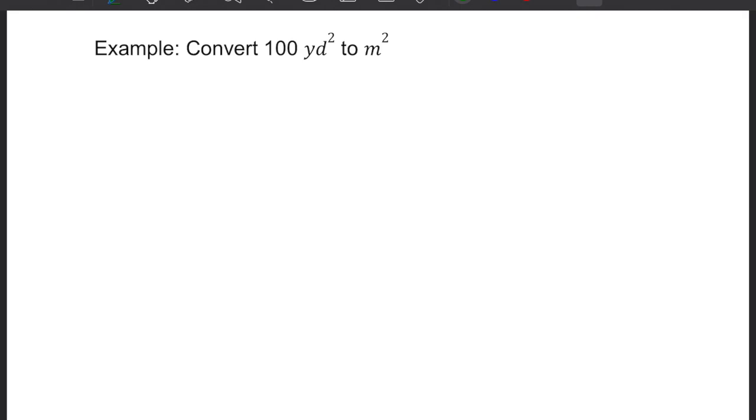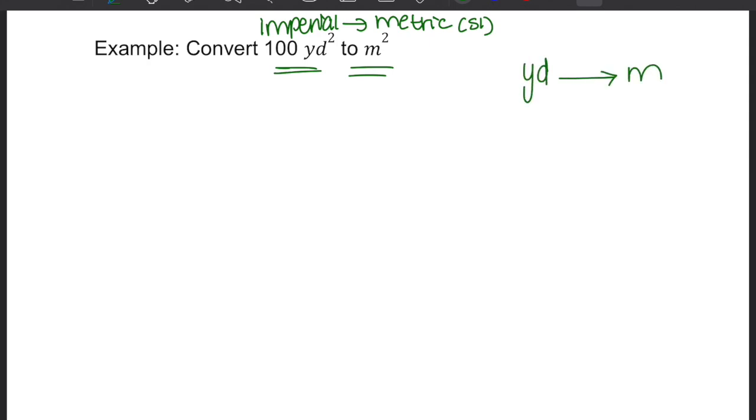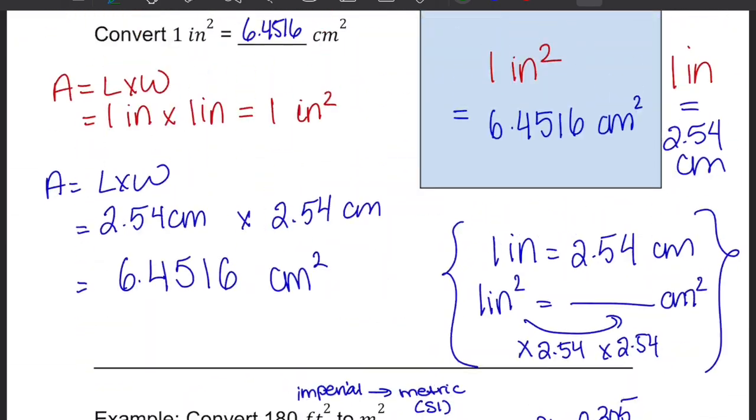Okay, so we are converting from square yards to square meters. So we are going from imperial to metric or SI. Okay, so I need the conversion that takes me from yards to meters, and then I'm going to use it to convert from square yards to square meters. So I'm going to go up to my table. I'm going to scroll through everything, sorry.